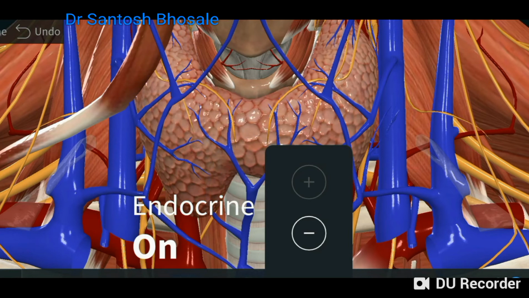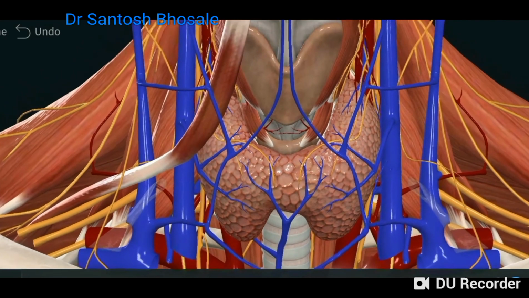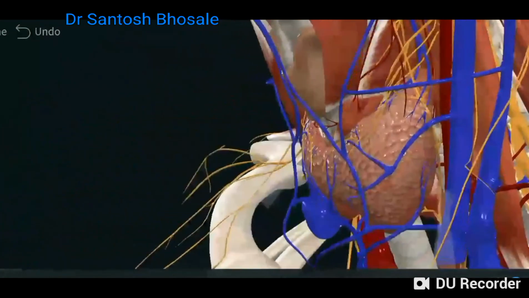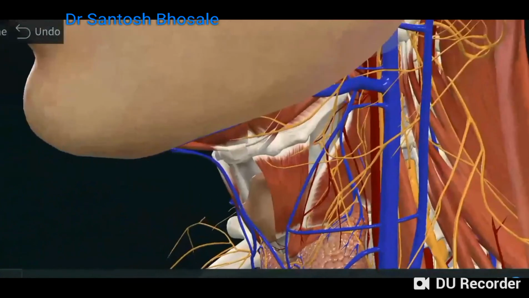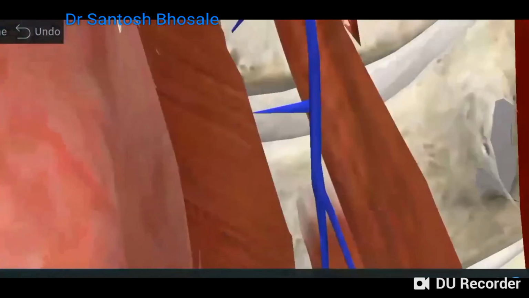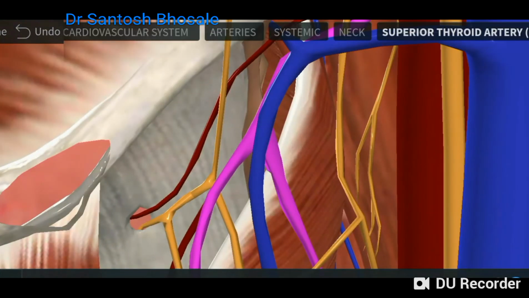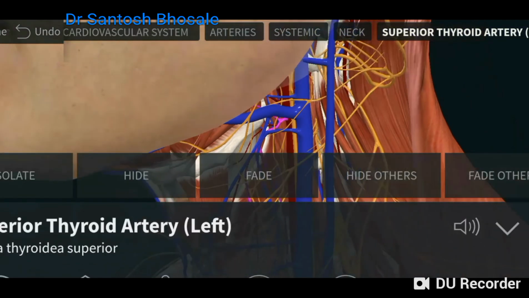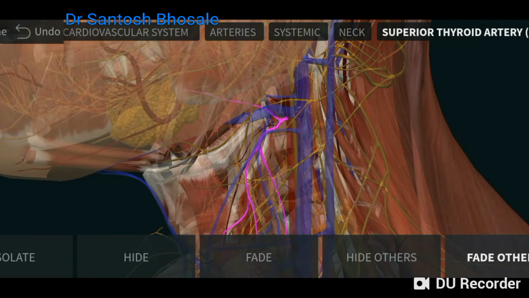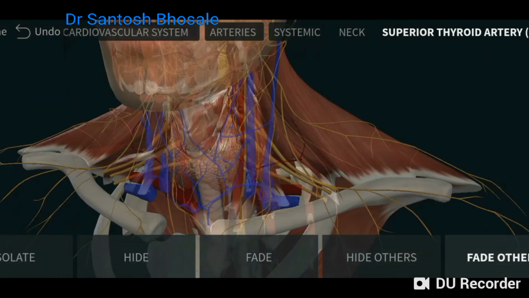Then coming to the blood supply, the thyroid gland is supplied by the two arteries, superior thyroid and inferior thyroid. You can see there, as you know, superior thyroid is a first branch of external carotid artery. You can see given at the level of superior border of thyroid cartilage, you can see it runs downwards and medially.